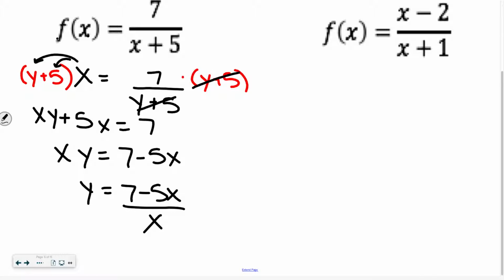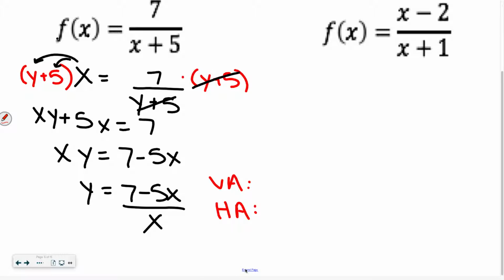Notice your inverse to a rational function is another rational function. It looks like a fraction again, right? It has a numerator and a denominator. I'm going to take a little trip down memory lane, back to the beginning part of our chapter 7.2, and ask you about my vertical and horizontal asymptote.